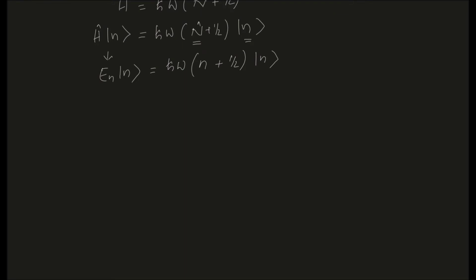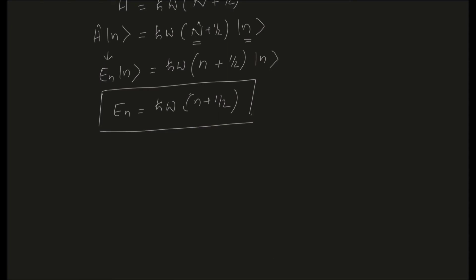So if you drop this ket |n> from both sides, you can see that the energy eigenvalue corresponds to ħω(n + 1/2).